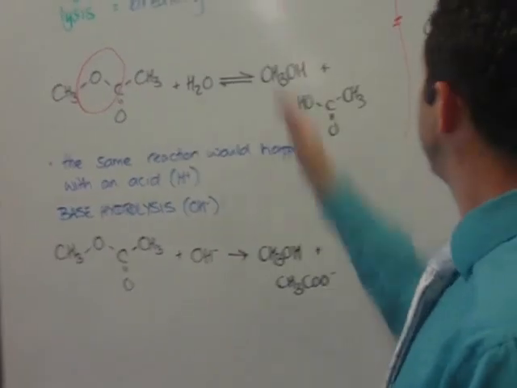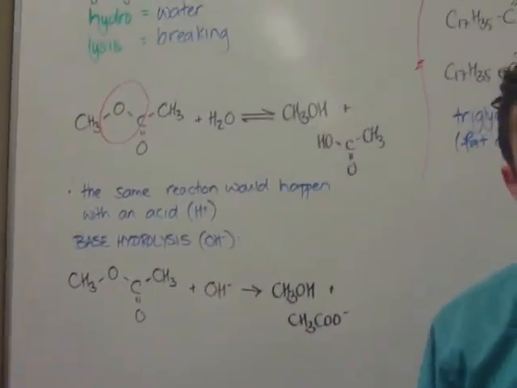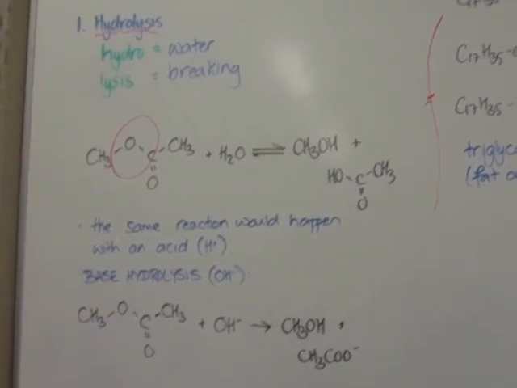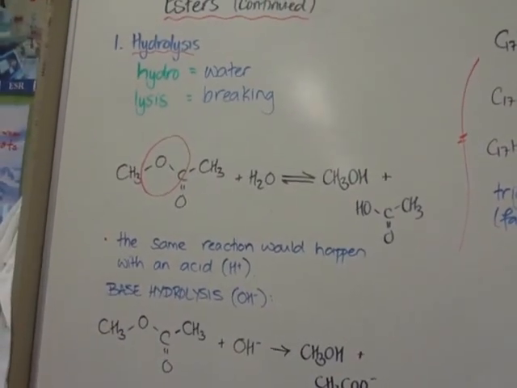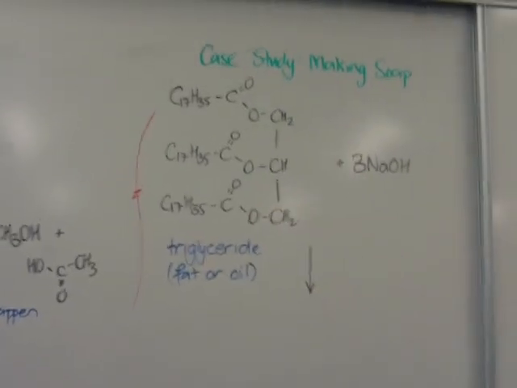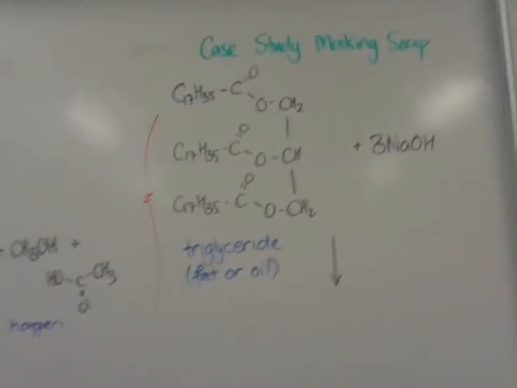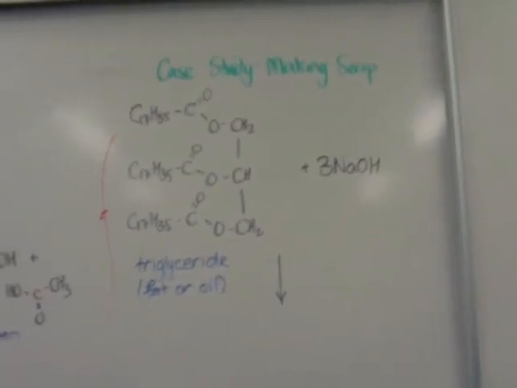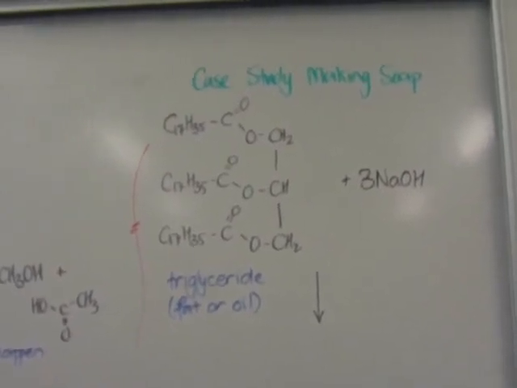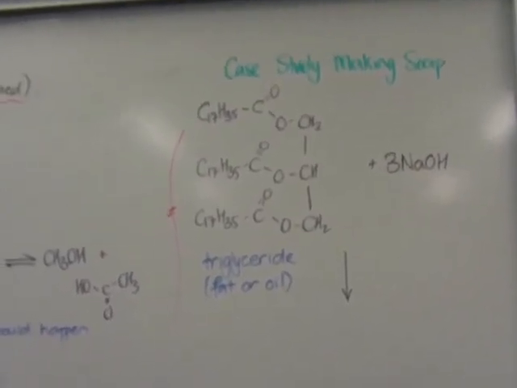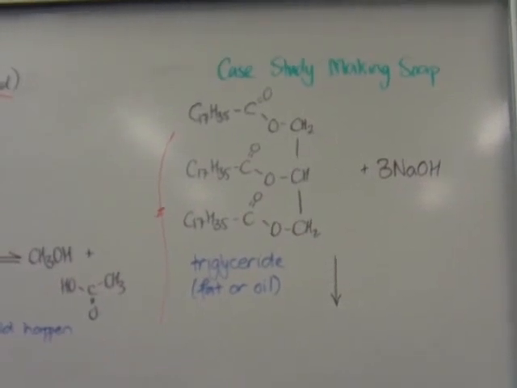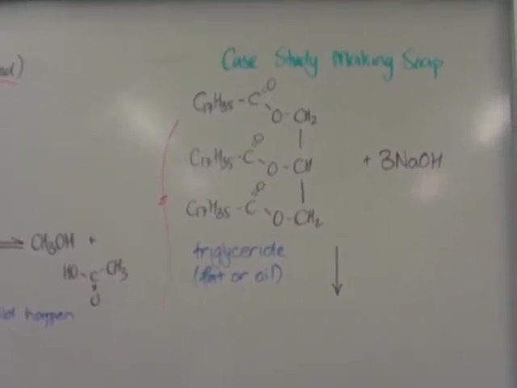Okay? So that's your first type of reaction. An example of how it's used is to make soap. Soap is made by getting fats or oils, reacting them with a strong base, and then you go on to add the perfumes and so on, and neutralise it, to make it smell nice.